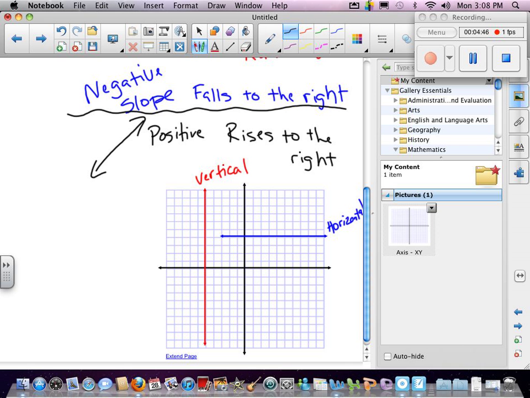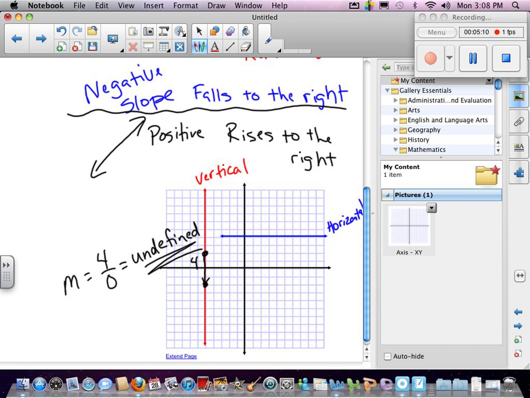What I'm going to do real quickly is look at this. If we do rise over run, if we just start at the top point and go down, we go down 4 spaces, but then we don't go over any. So that is 4 over 0, which you cannot divide by 0, so therefore it is undefined.